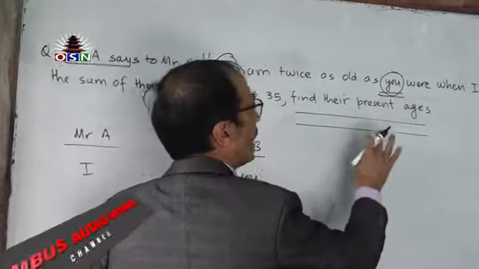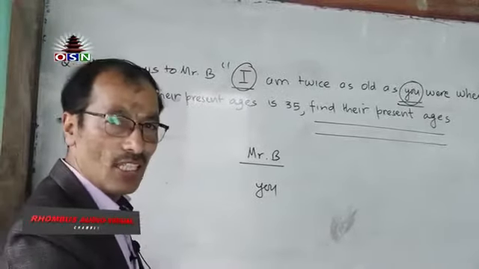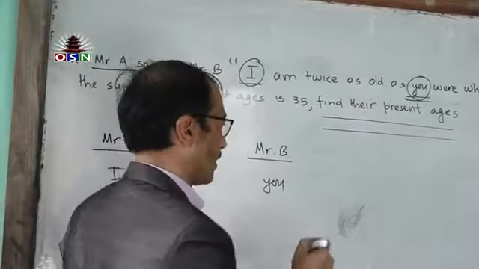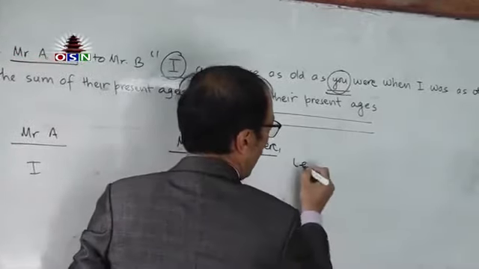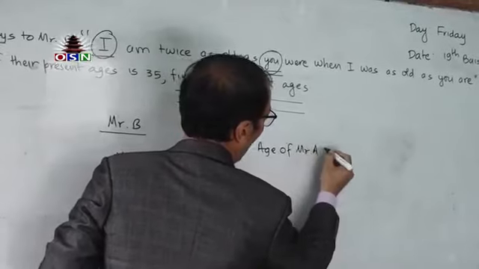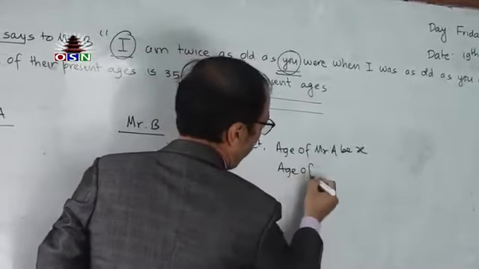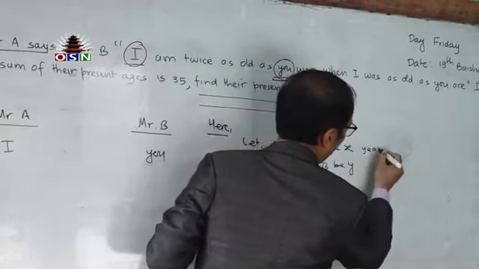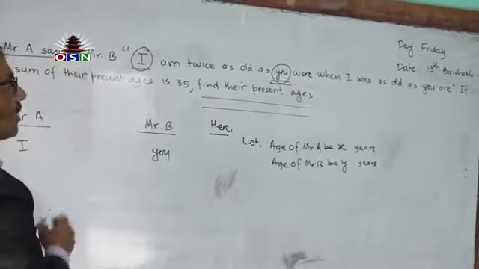The question is asking you to find the present ages of Mr. A and Mr. B. So you suppose what the question asks. Write here: let the age of Mr. A be X years, and the age of Mr. B be Y years. We are supposing what the question is asking for.